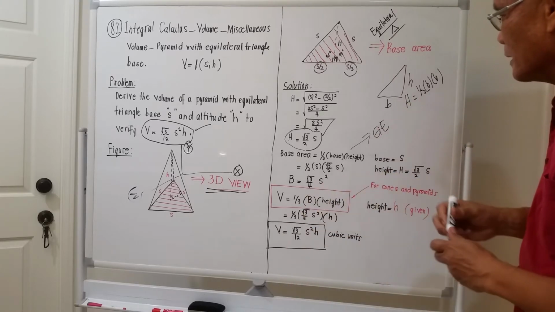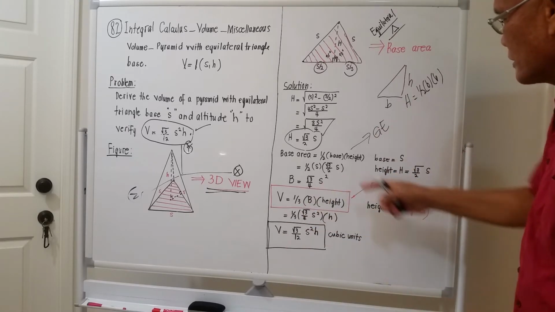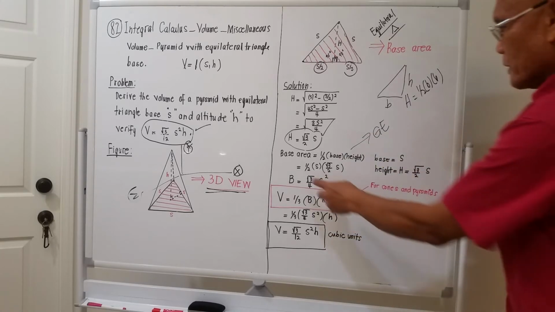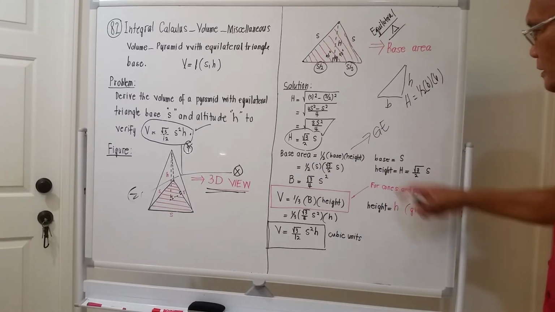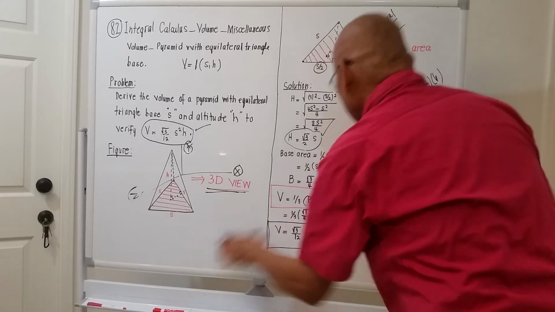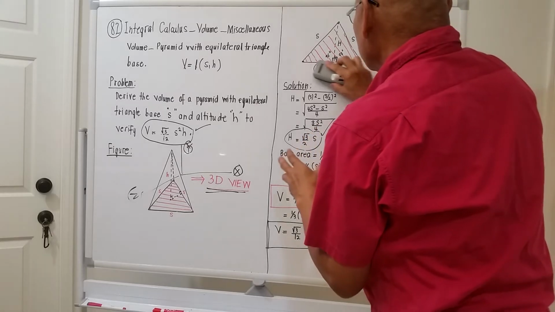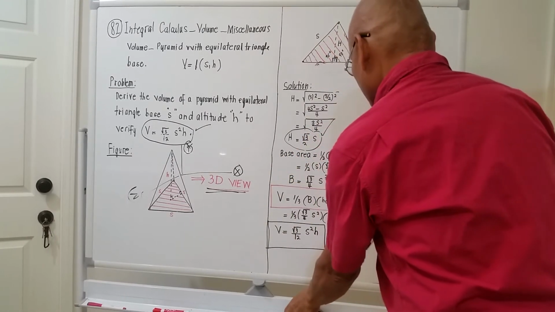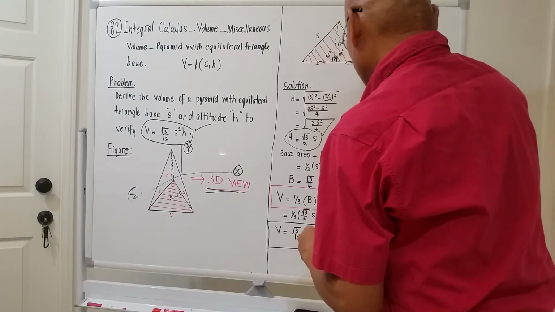For any triangle, to take the area, just take 1/2 of the length of the base times height. Or this should be equal to 1/2. The base being mentioned here is actually this one here. The total base, the total length of the base will be S. It is this one.